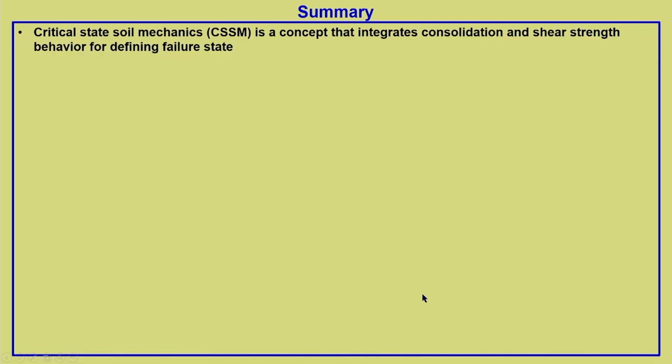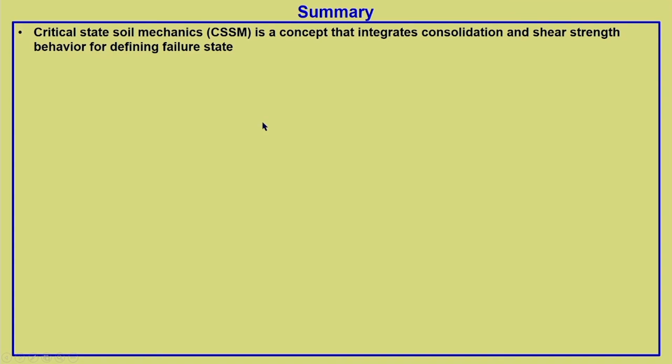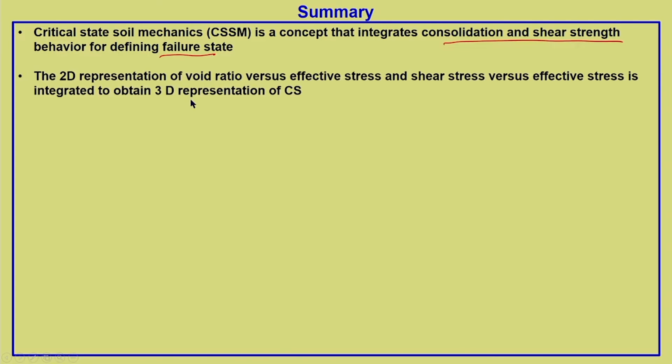So, let us summarize the last two lectures where we have introduced critical state soil mechanics. Critical state soil mechanics is a concept that integrates consolidation and shear strength behavior for defining the failure state, which has not been done in the Mohr-Coulomb failure envelope.